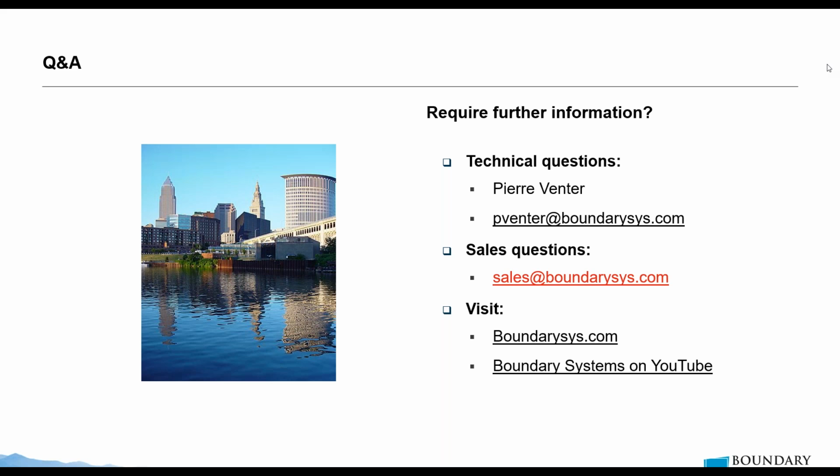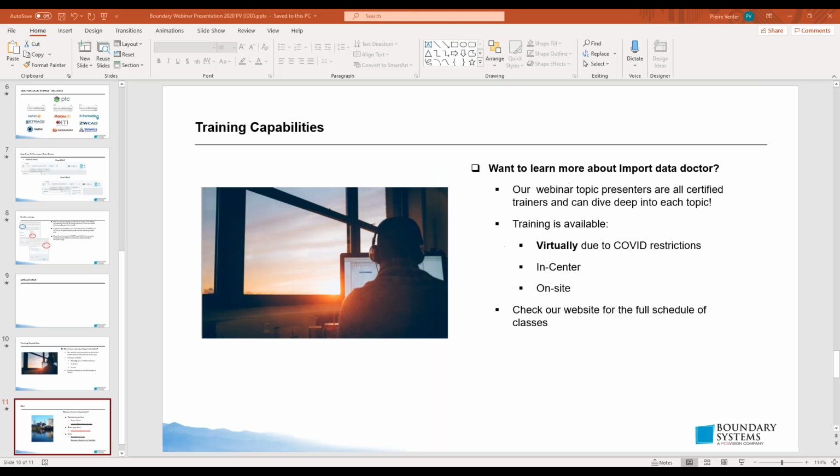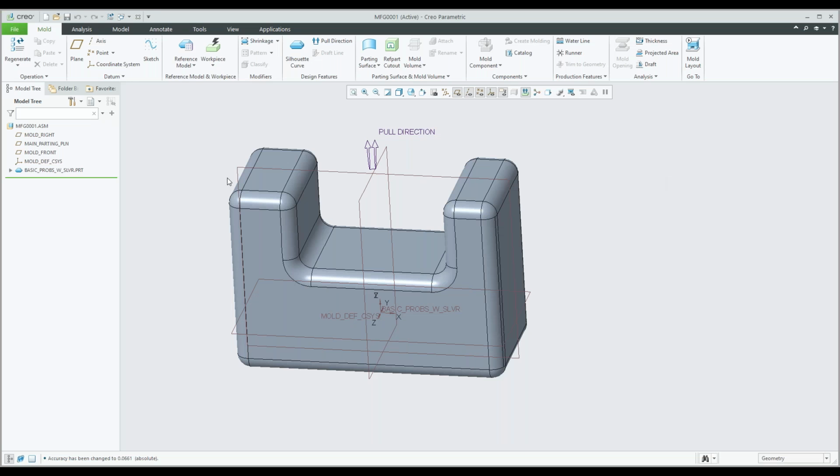Okay, we have a question about a specific function or option called UV_XYZ. I'm not familiar with that. Let's quickly go and have a look in Creo. Is it an option or was it a feature inside of Import Data Doctor?